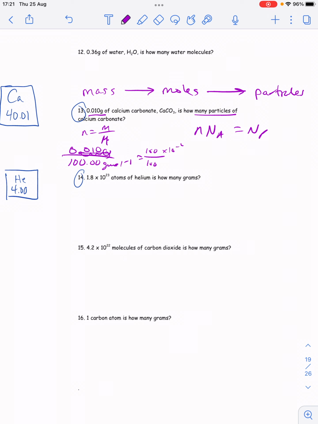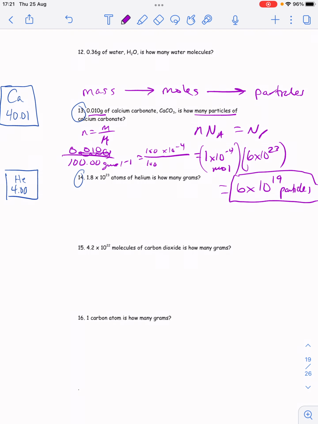And on top was 10 to the minus 4 in order for me to do that. So the number of moles is 1 times 10 to the minus 4 moles. Avogadro's number is 6 times 10 to the 23. So I get 6 times 10 to the 19 particles as my answer to question 13.